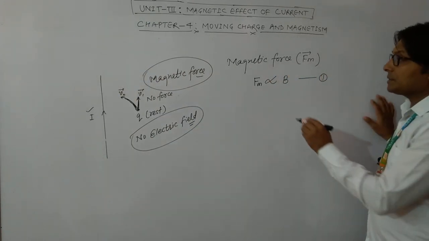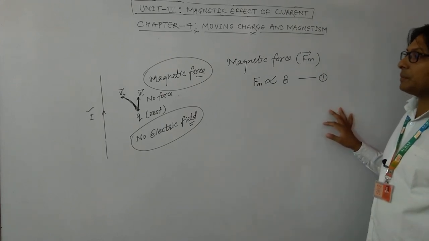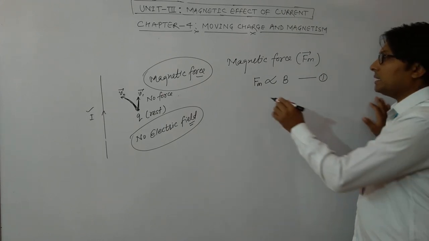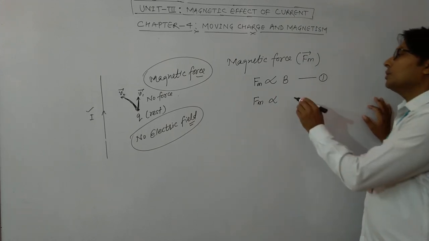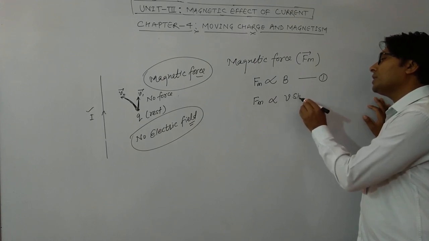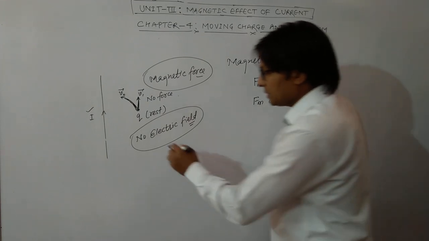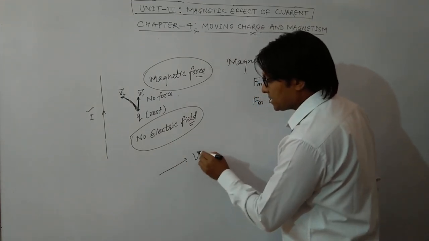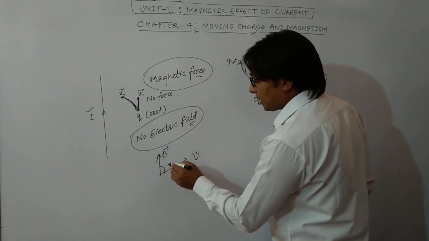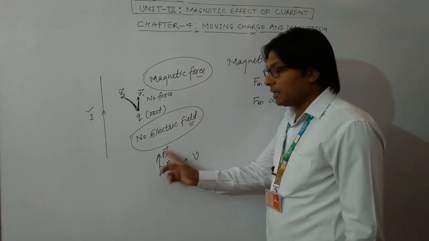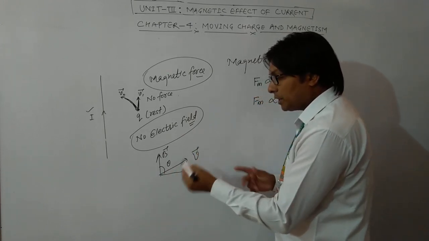Now when we increase the speed of that particle, it has been observed that this magnetic force is directly proportional to the perpendicular component of the velocity of the charged particle. Suppose the charged particle is moving in this direction and the direction of magnetic field is in this direction, so there will be an angle theta between B and V. So we can divide this velocity into two components.